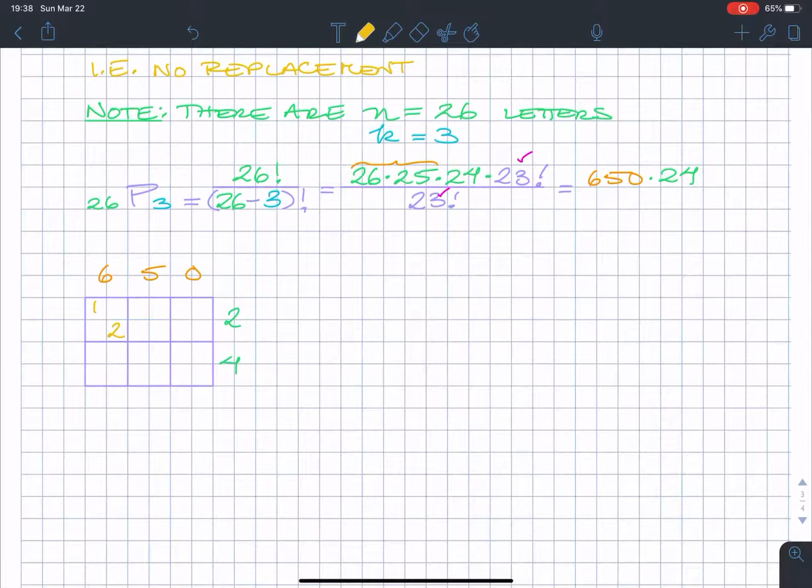Middle top, 5 times 2 is 10, which I put along the diagonal. 0 times anything is 0. Now the bottom row: 6 times 4 is 24. Middle bottom, 5 times 4 is 20. And anything times 0 is 0.